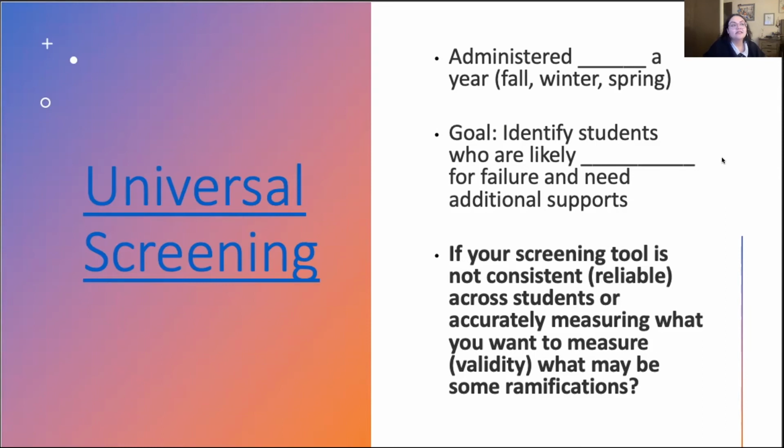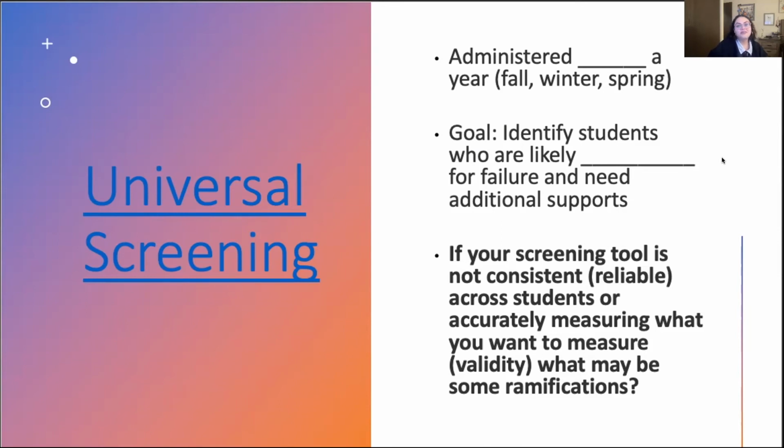That net is, as a fisherman, being cast too small, and it's not as valid because it's not really measuring what I needed to measure. Because out of 500 kids, you're going to tell me only one has a learning need? Or out of a school of 500, you're going to tell me 250 of them all have a huge learning need? Those numbers don't quite add up.